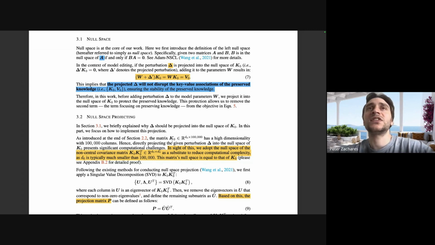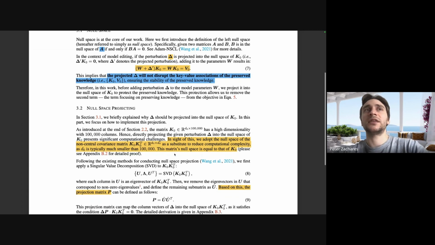So they say, okay, we can do some really simple things since we know linear algebra, which is that we can adopt the null space of the non-central covariance matrix, or just the null space of K naught times K naught transpose. This is a square matrix of size D naught by D naught. So this matrix is much smaller, meaning it's easier to calculate the null space. They show, I think in Appendix B2, that the null space of K naught is the same as the null space of K naught times K naught transpose. So first, they make it a lot easier to calculate the null space.